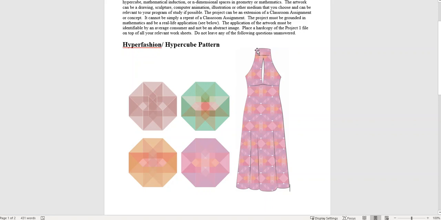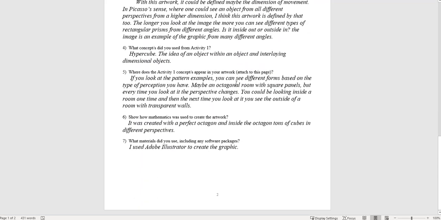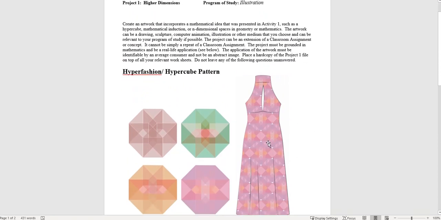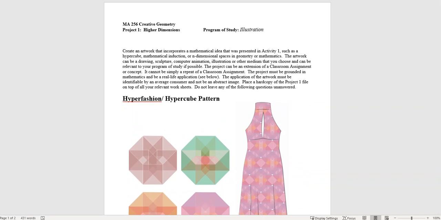So we want to try to do things that you haven't been doing, and that'll expand your creative self. So this is one that works very well, and it's not a hypercube, even though that was used for the pattern. That's not so apparent like the other ones.